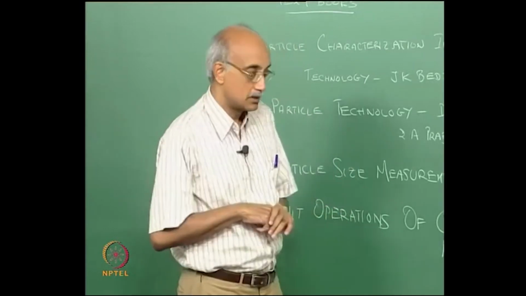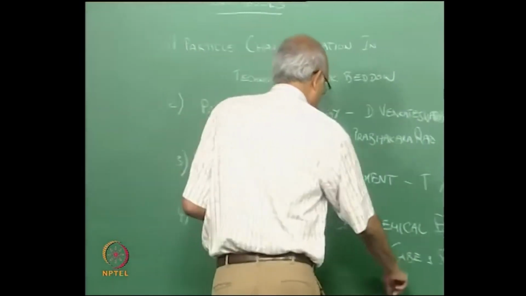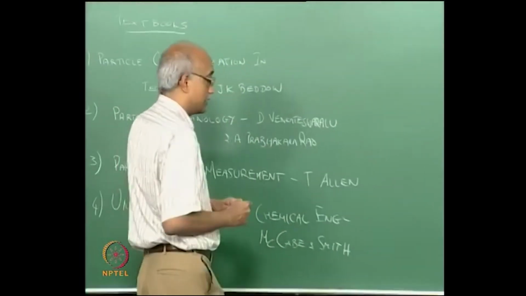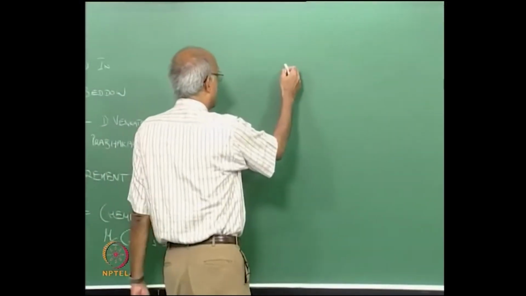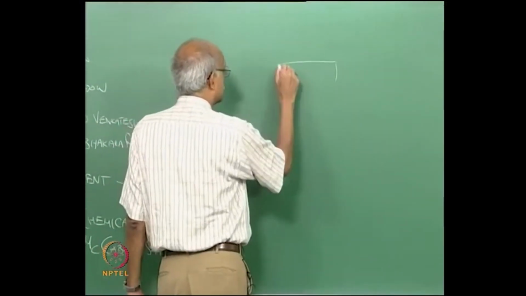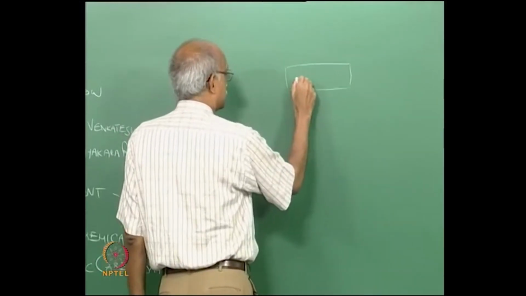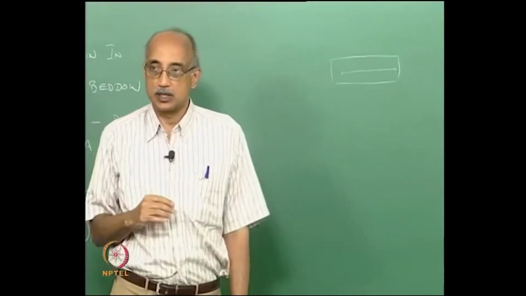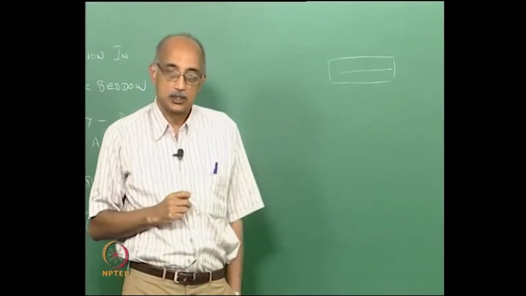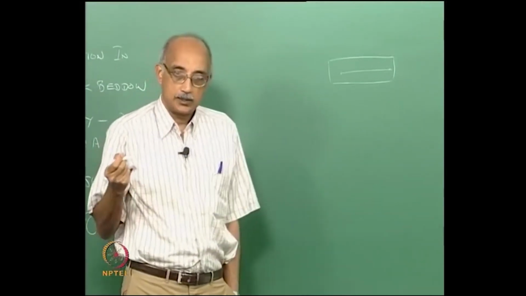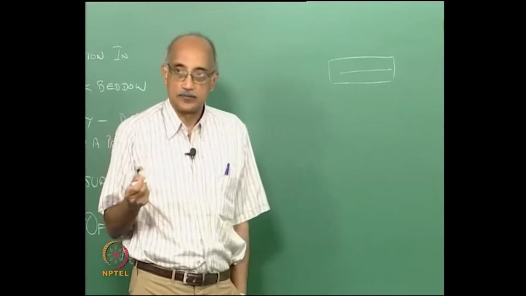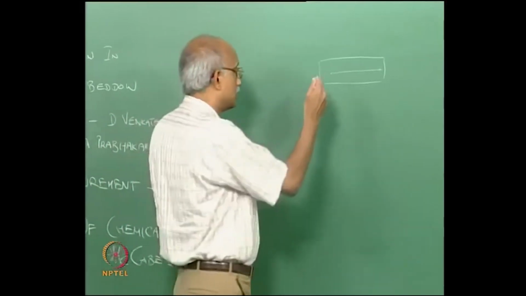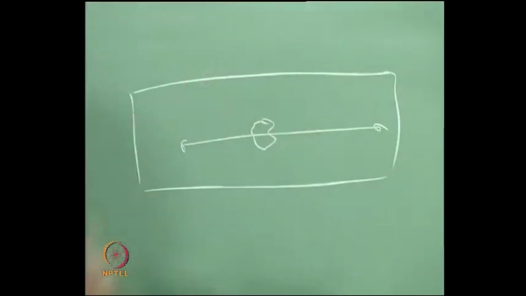Now, imagine that you have a conducting area. Let us say that you are supposed to have electrical conduction occur between these 2 points. Supposing an insulating particle drops into the middle of this conductive section.